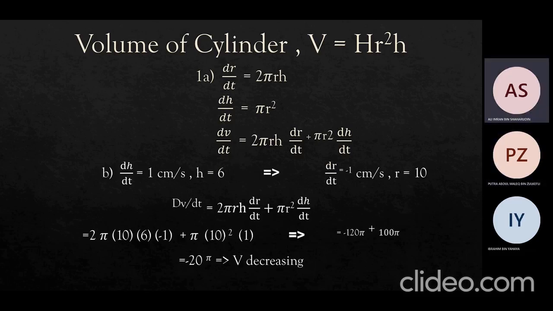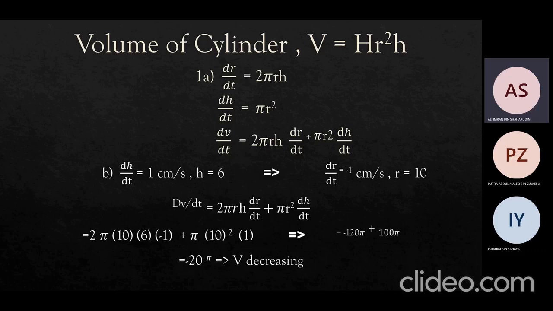dh/dt equals 1 cm per second, where the height is 6. Meanwhile, dr/dt equals -1 cm per second, where the radius is 10. It is very easy to solve this question. You just substitute the answer from question A into question B. Right now we have the formula 2 pi r h dr/dt plus pi r squared dh/dt.